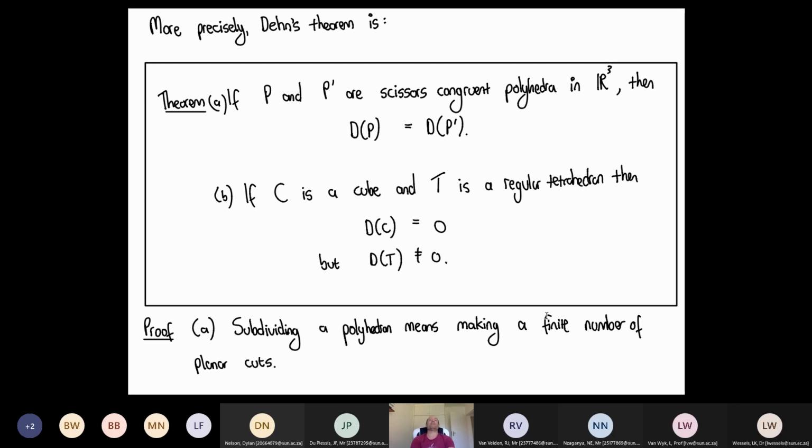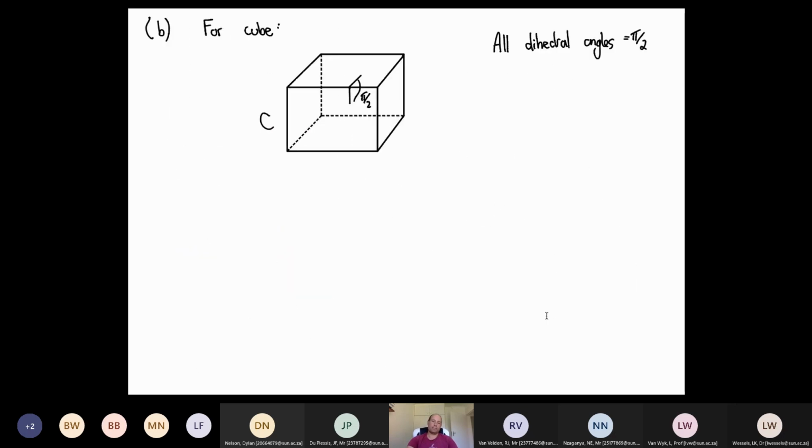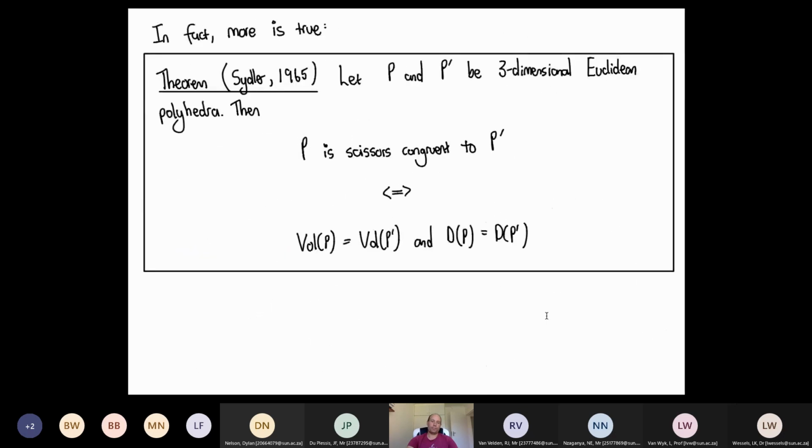Yes, I just wrote that down because it's implicit in the statement. But now, on this theorem of 1965, it's confusing because you say that if P is scissors congruent to P prime, then the invariants are going to be equal. Yes.